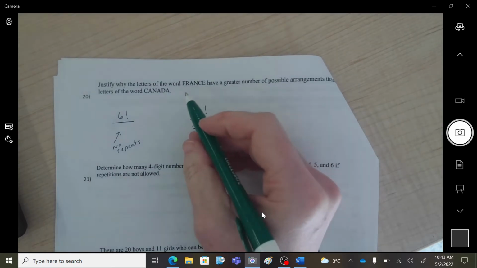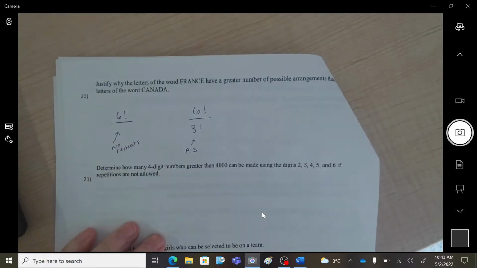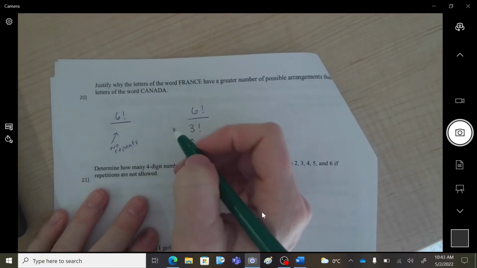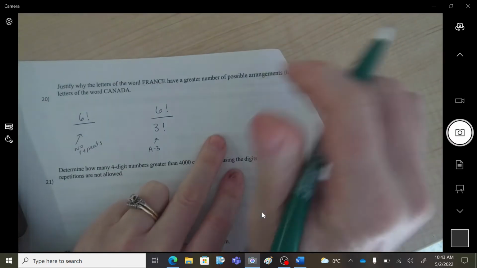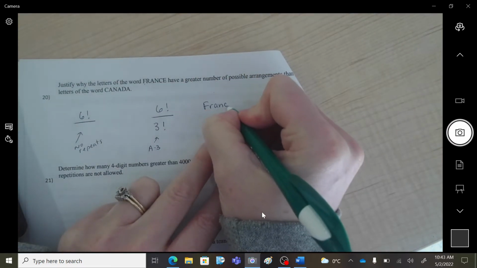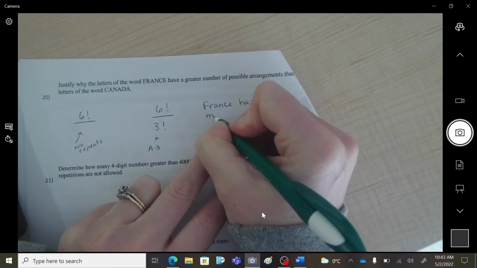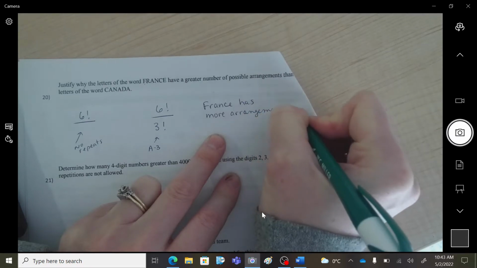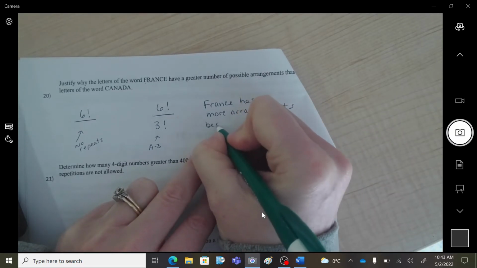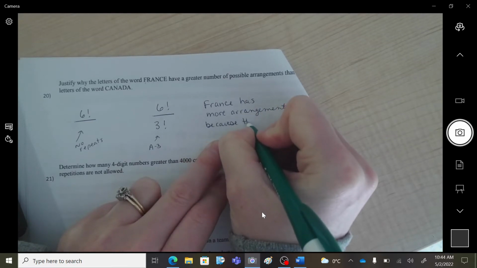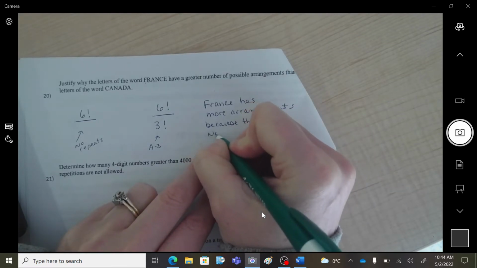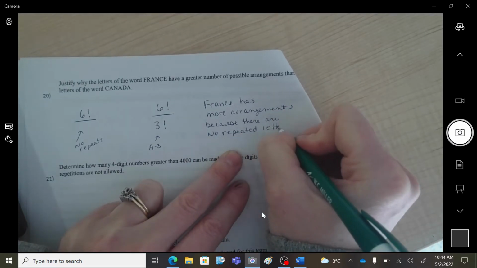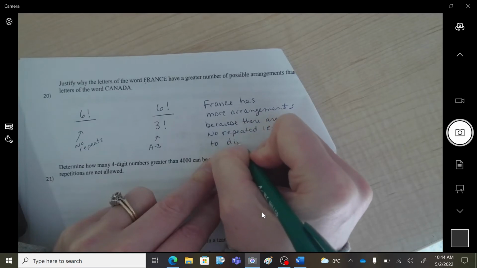So when you think about that as a number, then France will be bigger because you don't have to divide. Otherwise, they have the same top. So France has more arrangements because there are no repeated letters to divide by.